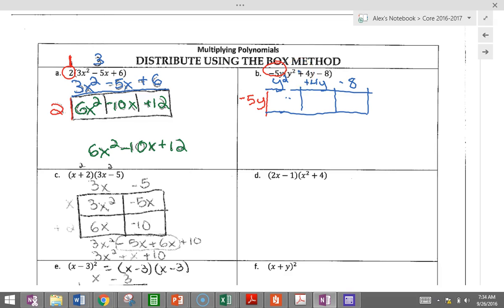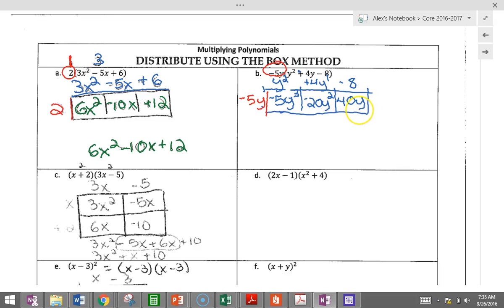So negative 5y times y squared is negative 5. And then how many y's? I have 1 here and 2 there. So y cubed. Remember from our first unit. So negative 5y times positive 4y. Well, negative 5 times 4 is negative 20. And I have 1y here and 1y here. So that's y squared. And then negative 5 times negative 8 is positive 40.